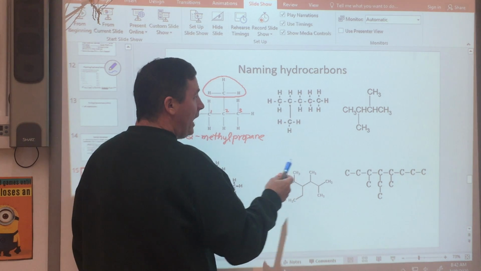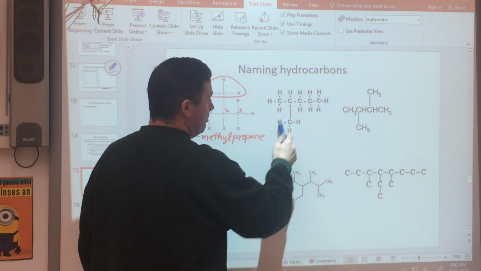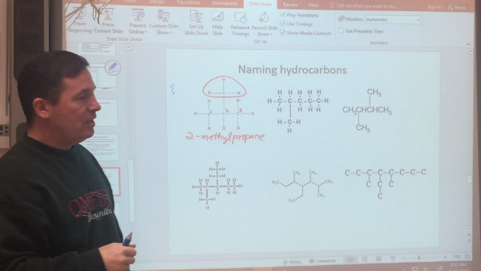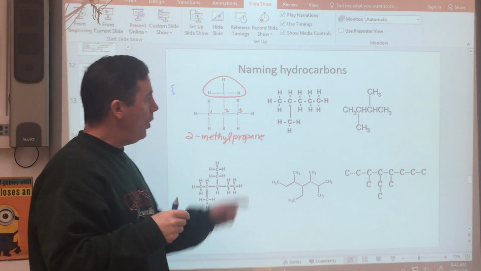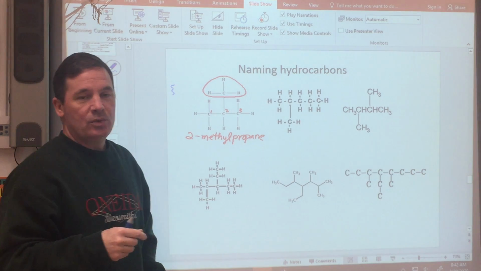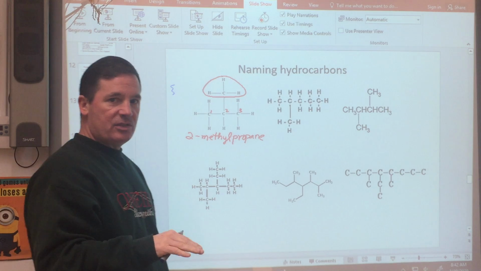Now, I could call this 1, 2, 3, 4, but the next rule is when you have a substituent, you have to name the whole molecule by the lowest number of the substituent.